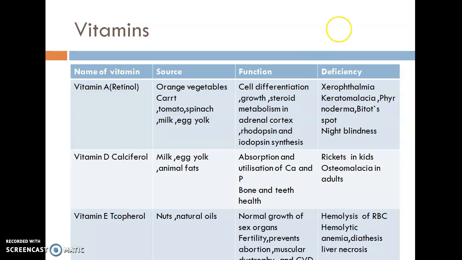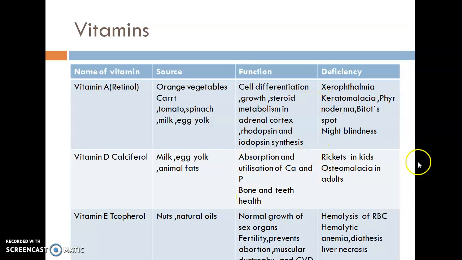We can obtain vitamin D from sources like milk, egg yolk, and animal fats, and it is practically absent from vegetable oils, so it is available from dairy products. The function of vitamin D is that it promotes the absorption and utilization of calcium and phosphorus and maintains the normal development of bones and teeth. It is required for the mobilization of calcium from bones and promotes the renal absorption of calcium phosphate.